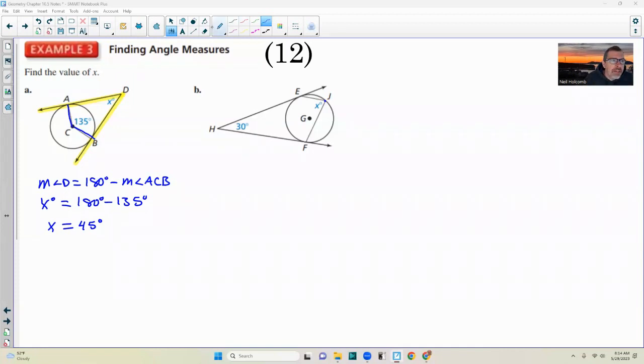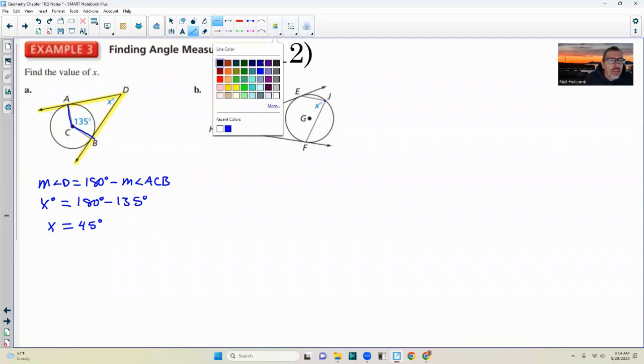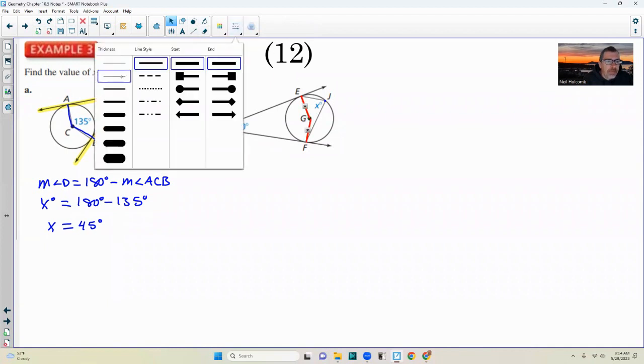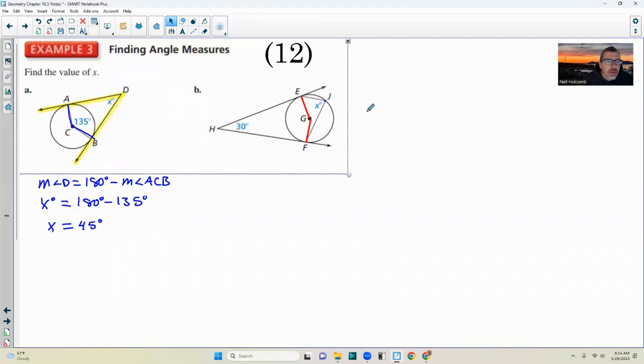Example B is a little tricky. So let me start by doing this. We don't have a central angle, so let's draw one. Okay, so it's right there. Let me make these a little thinner. So we have a central angle here.